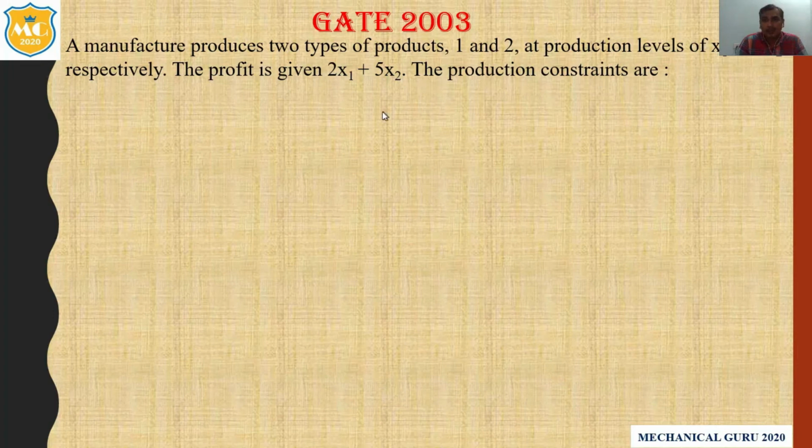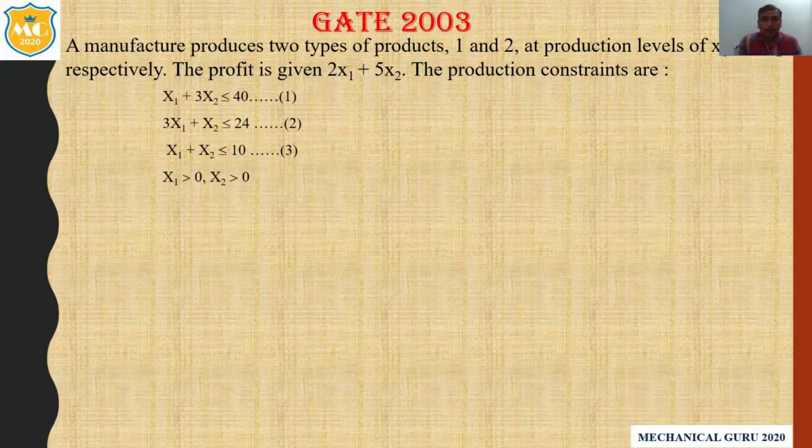The production constraints are x1 plus 3x2 less than or equal to 40, first equation. Second, 3x1 plus x2 less than or equal to 24, second equation. x1 plus x2 less than or equal to 10, third equation. And x1, x2 greater than or equal to 0. In the examination, x1 greater than 0 is provided.